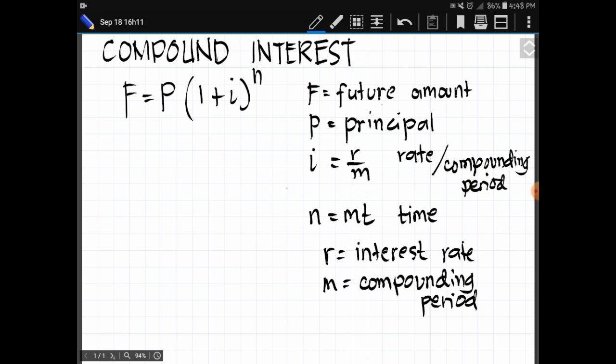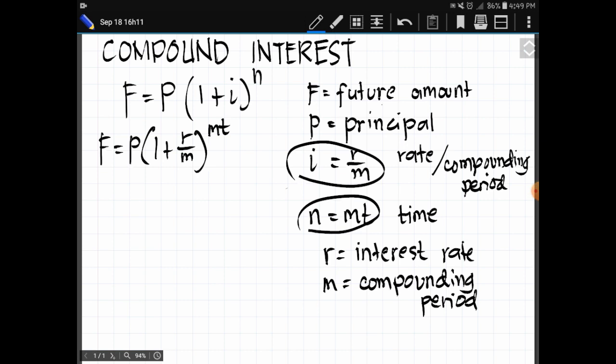Now, if we evaluate this given formula, the future amount is equal to the principal multiplied by the quantity 1 plus r over m, raised to m multiplied by t, substituting this value here. And we have different types of compounding period, or the m. When we say annually, our compounding period is 1.